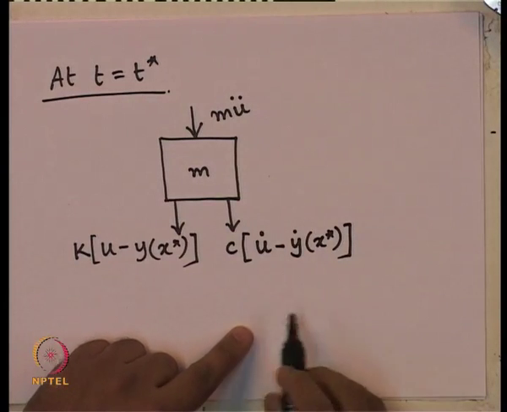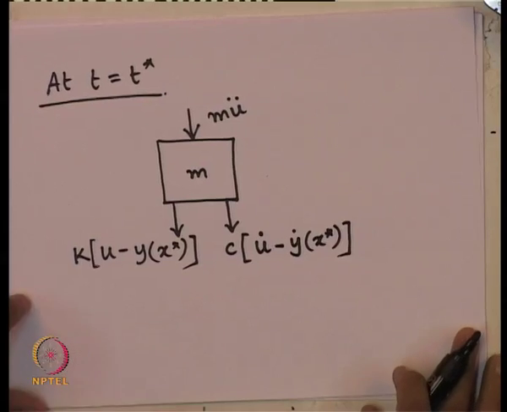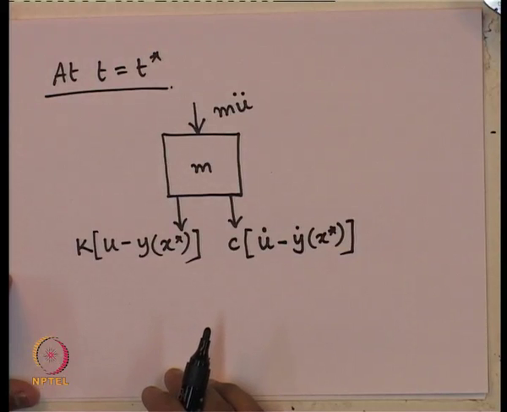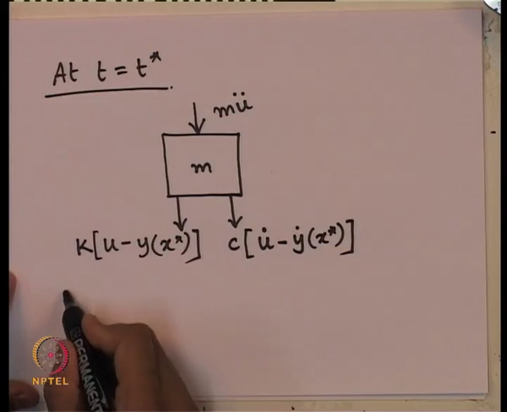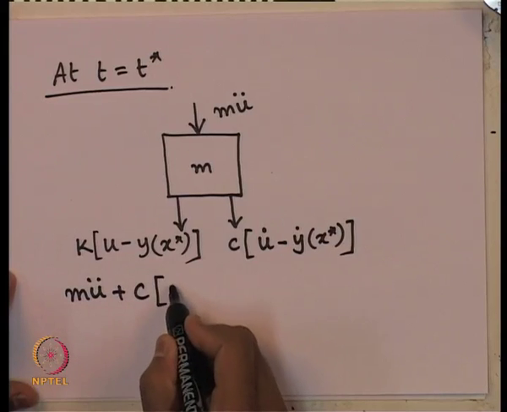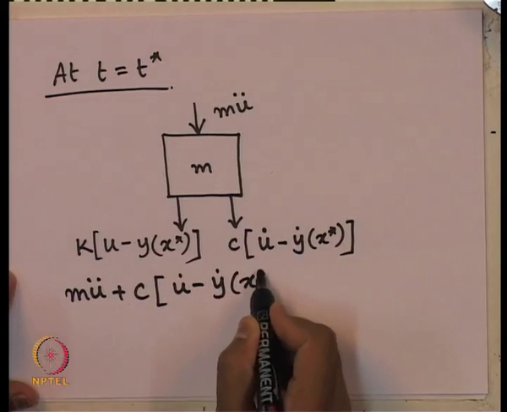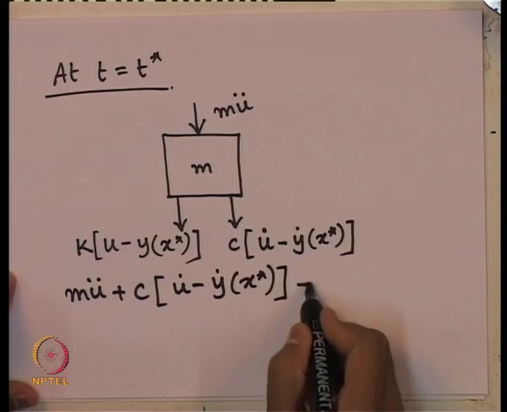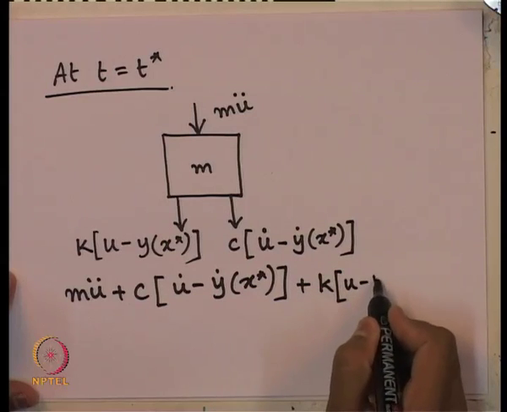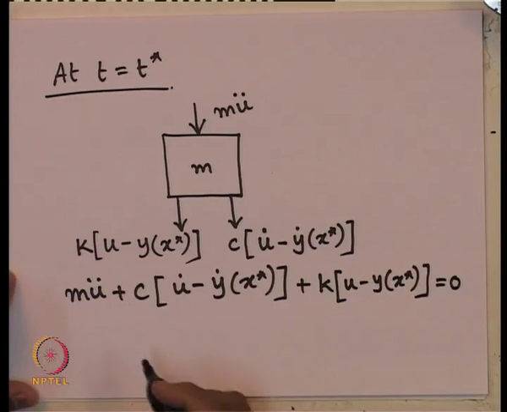So relative velocity times c will give us the damper force. For this system, now we apply D'Alembert's principle. What can we write? m u double dot plus c times u dot minus y dot of x star plus k times u minus y of x star equals 0.